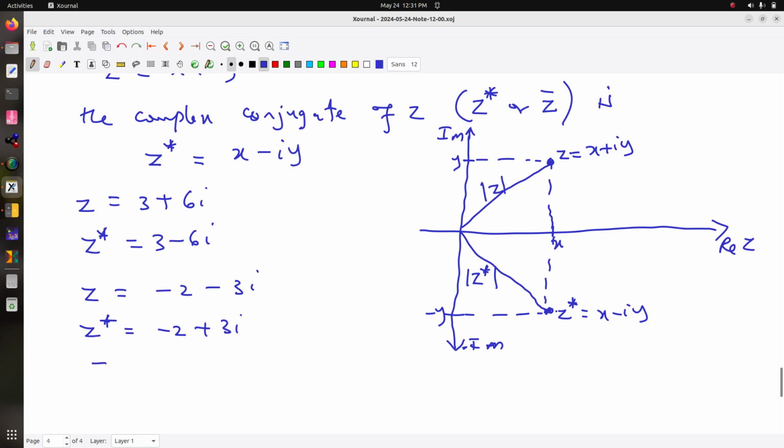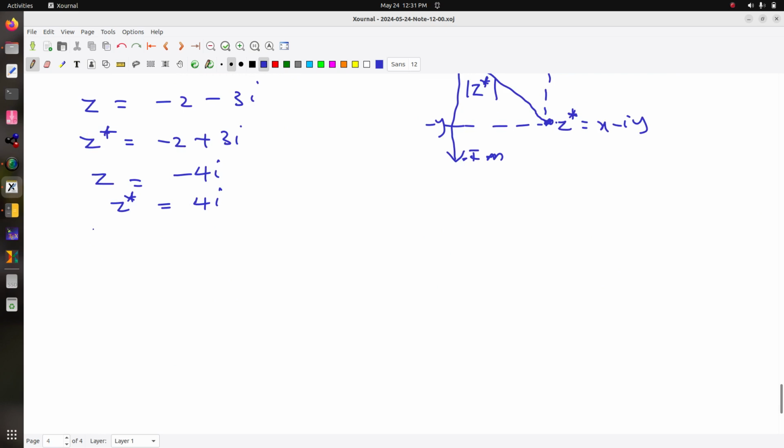You can have z to be maybe minus 4i, then the complex conjugate is 4i. What if you have z to be 6? Can you guess the complex conjugate? It is still 6, because this is just the real part. So the complex conjugation affects only the imaginary part. Please take note of that.